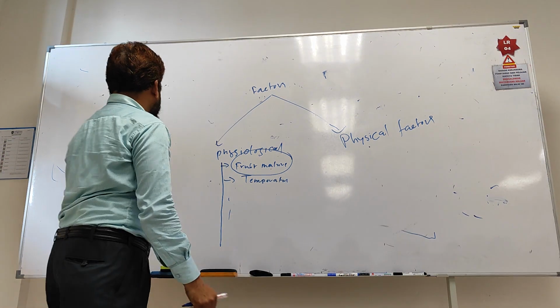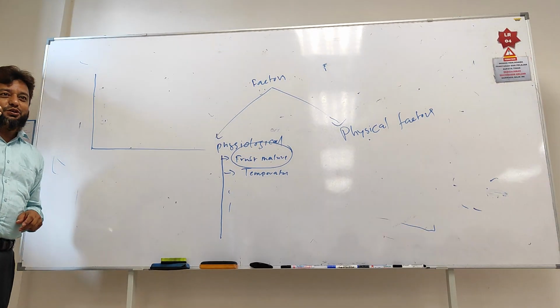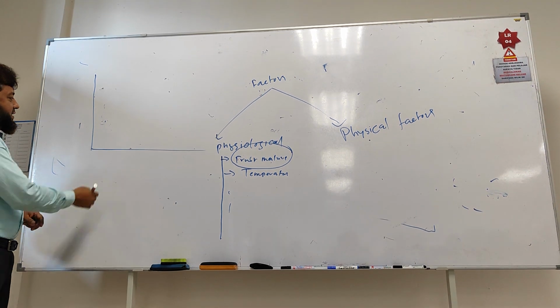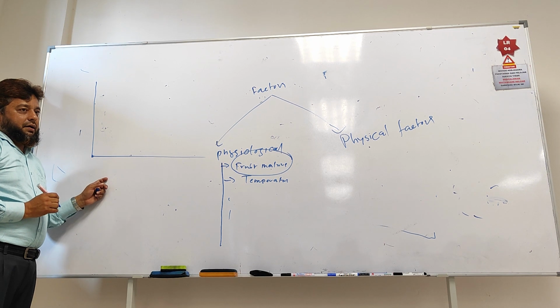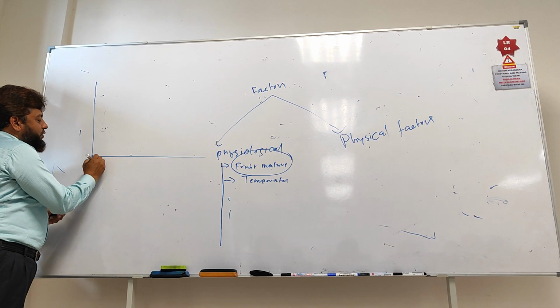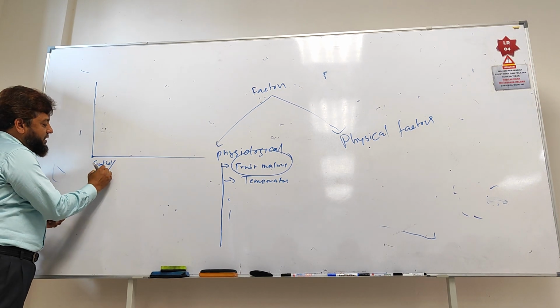Say if we make one graph, it will look like this. This one is the fruit set, or maybe you can say the cell initial stage.